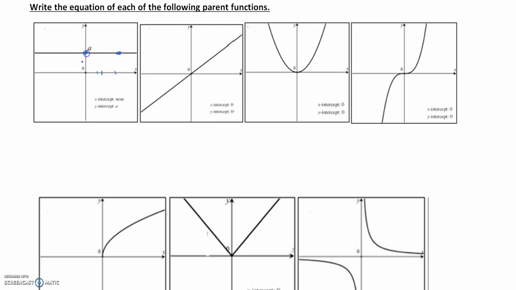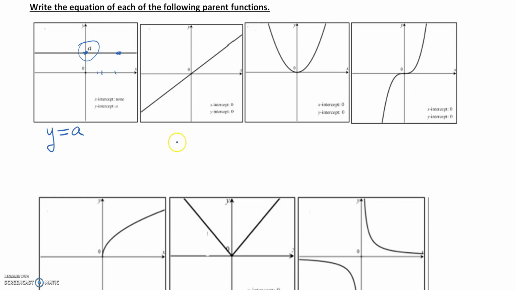It's always going to read across to a. So this is going to be y equals a. It's a constant function. If it was at y equals 3, it would be y equals 3. If it was at y equals 4, it would be y equals 4. But here, the graph is saying it's at a general y value of a.